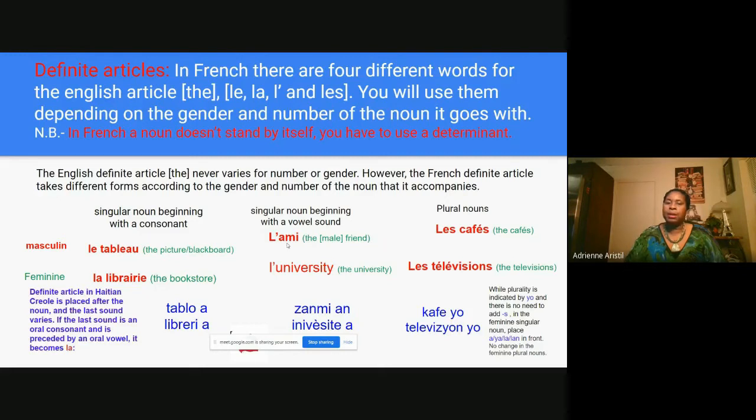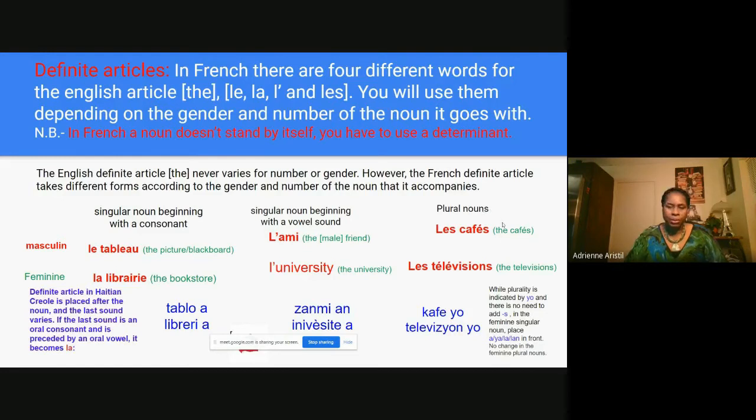If it was a female friend, you will put the silent E at the end. L'université, which is a feminine noun, you will put l'. For feminine or masculine, it doesn't matter, you will put l'.